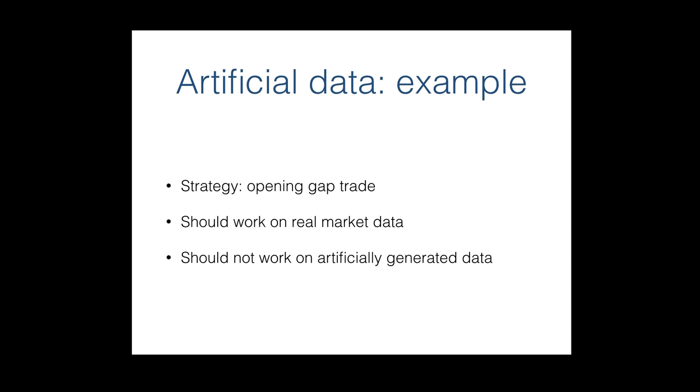If we replace the market data with artificially generated data, then we shouldn't have any sign of steady performance anymore. If we do, this means that our initial strategy design actually doesn't exploit the opening gap, but exploits something else. And you know, it's not a good idea to trade something that you don't understand, even in case it seems to perform well.